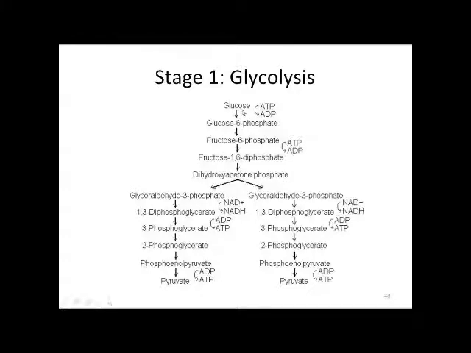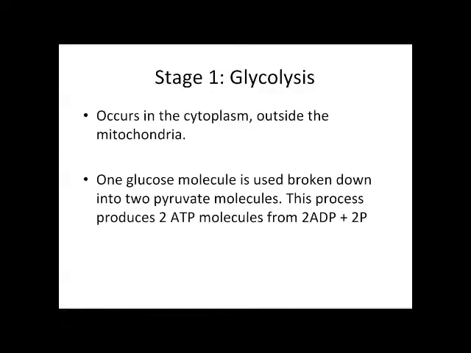If you had a look at the formula of glucose, it's C6H12O6. Pyruvate is a 3-carbon molecule. So it's only got 3 carbon. It is half of the glucose. Okay? So a 6-carbon sugar gets split into 2 3-carbon sugars.